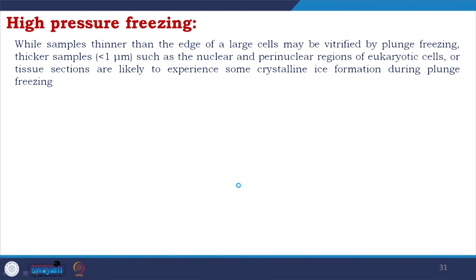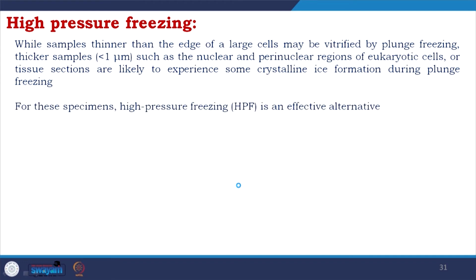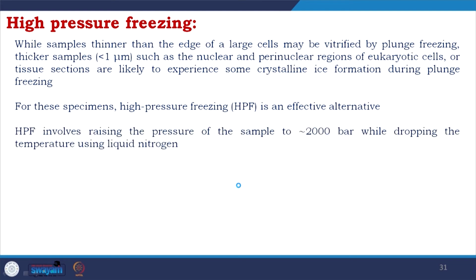While samples thinner than the edge of a large cell may be vitrified by plunge freezing, thicker samples such as nuclear and perinuclear regions of eukaryotic cells or tissue sections are likely to experience some crystalline ice formation during plunge freezing because of the thickness of the sample. For these specimens, high pressure freezing, HPF, is an effective alternative. High pressure freezing involves raising the pressure of the sample to 2000 bar while dropping the temperature using liquid nitrogen.